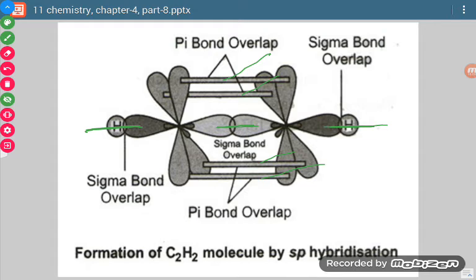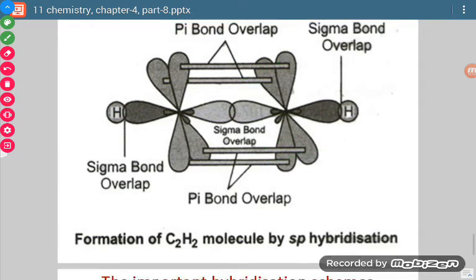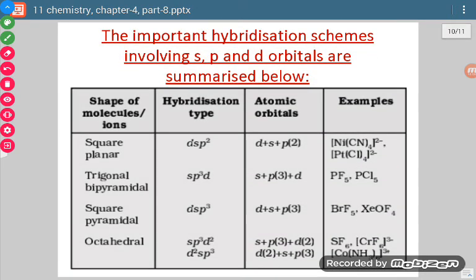One more thing we can remember is that if we know the type of hybridization, then we can tell about the geometry of the molecule. For example, if I am saying the hybridization is dsp2, there is one more thing you have to remember. If we write d first or we write d afterwards, what is the difference?